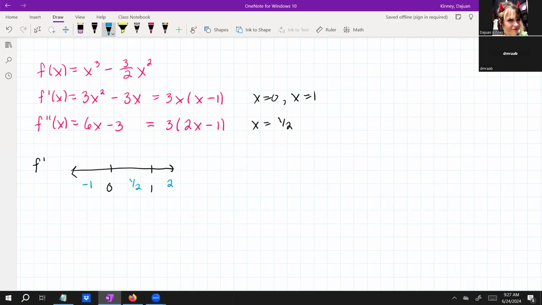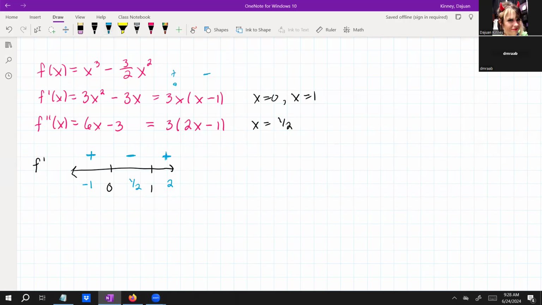All right, so if I plug in -1 into my function here, I get a negative and a negative, which makes it a positive. If I plug in a positive number, this first piece will be positive. The second piece will be negative, so we get a negative. And then we'll get a positive here.